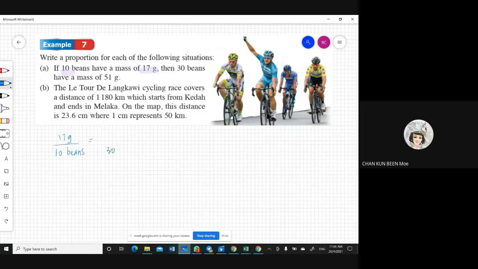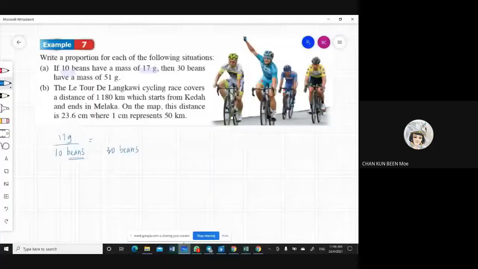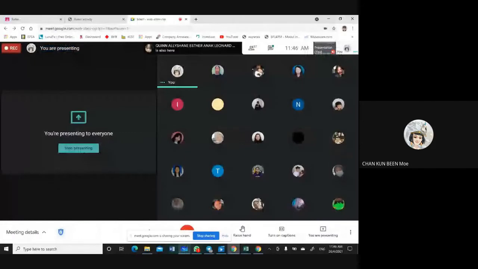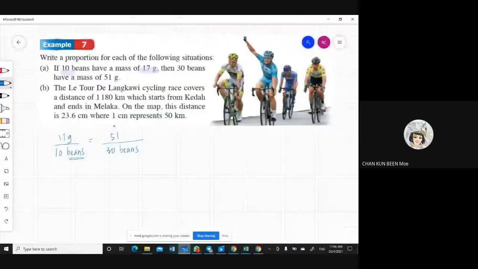And then for 30 beans, you follow the same quantity position, so we write 51 grams. So that is the answer for A.